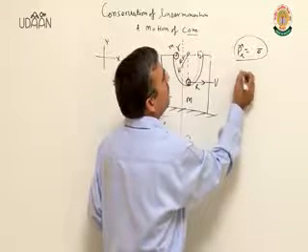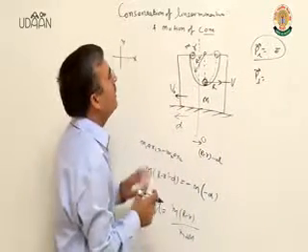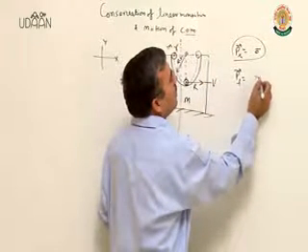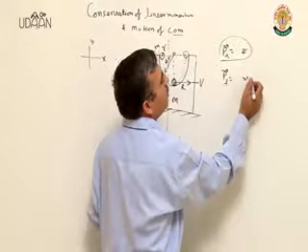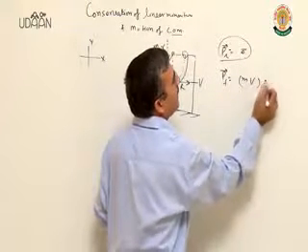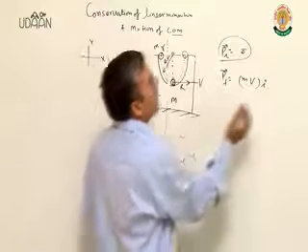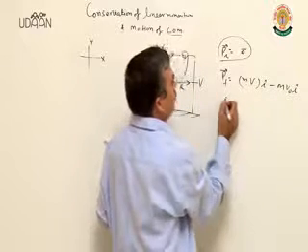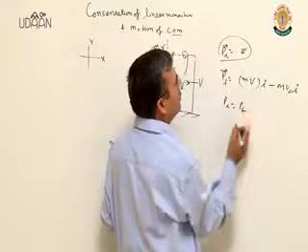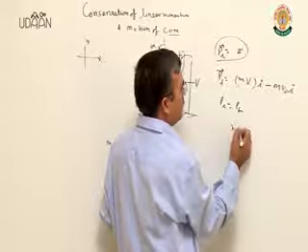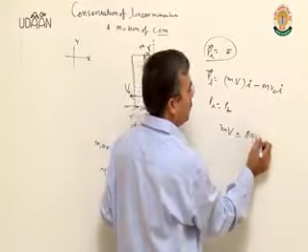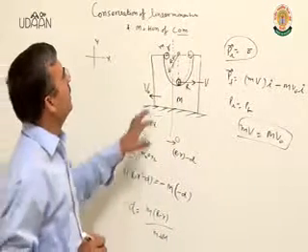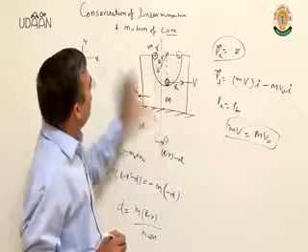Finally, the momentum of the small m body is small m into v i cap, minus capital M into V naught i cap. So P initial equals P final, you will get small m into V equal to capital M into V naught. Now it is the relation between the horizontal speed of small m and capital M.